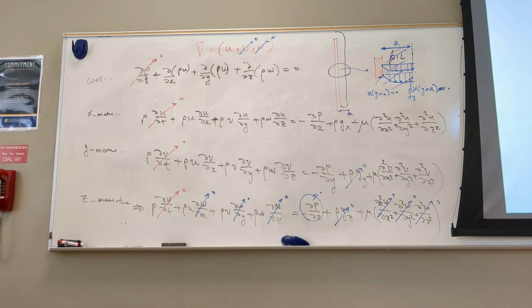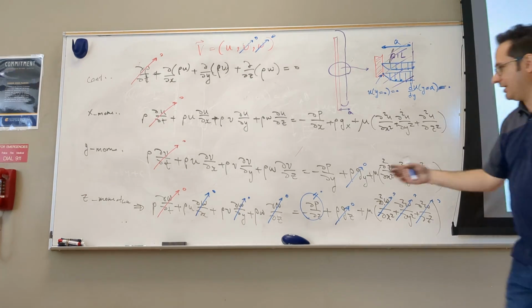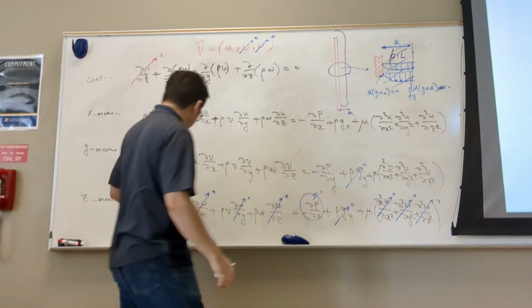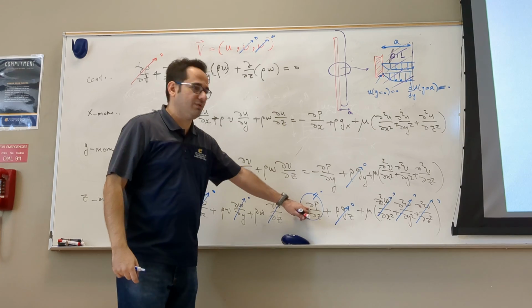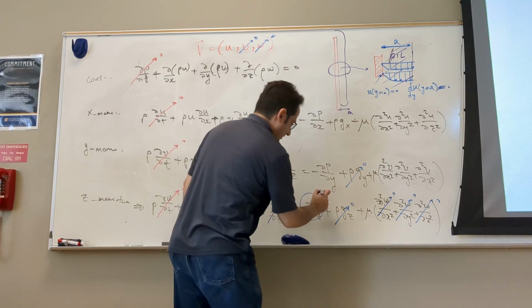Well, the pressure everywhere is the same. Why? Can you tell me? The pressure of this fluid everywhere is the same. Why? It is open to the atmosphere. The pressure in x is the same as in y. So the gradient in all directions is the same, which actually satisfies Navier-Stokes too. The pressure gradient must be zero because every other term is zero. You see that? So this also is zero.